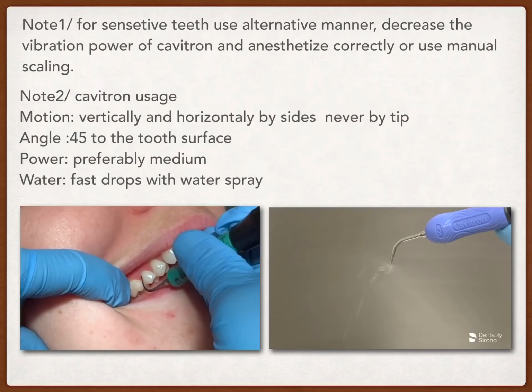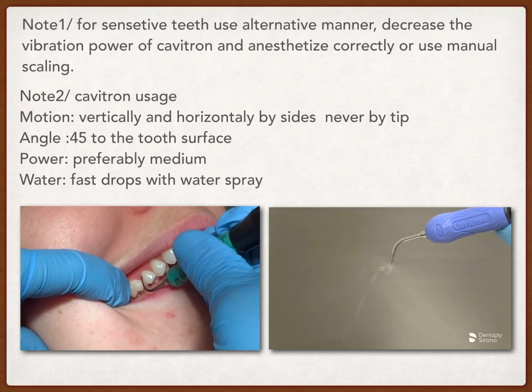Here I want you to have some notes about that procedure. For sensitive teeth, you may use an alternative manner. I mean, you come to the area and clean it, then leave it, and come back and leave it, and come back and leave it. That will decrease the sensitivity for the sensitive teeth.